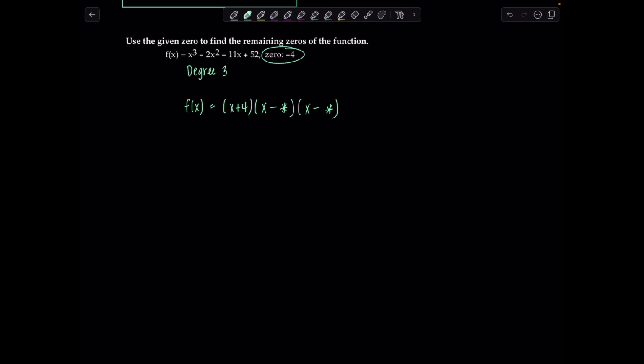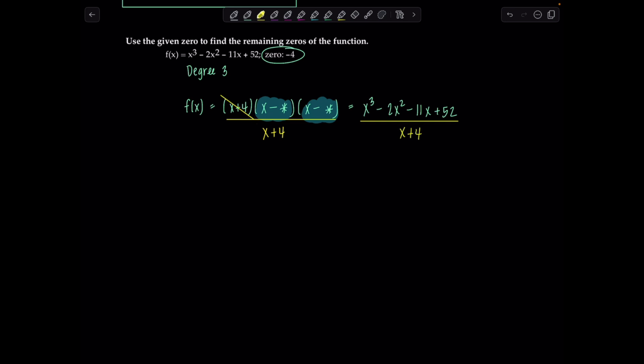So f of x is equal to x cubed minus 2x squared minus 11x plus 52. Let me write that up. If I want to know what these 2 zeros are, or these 2 factors are, what I could do is divide my polynomial by x plus 4.